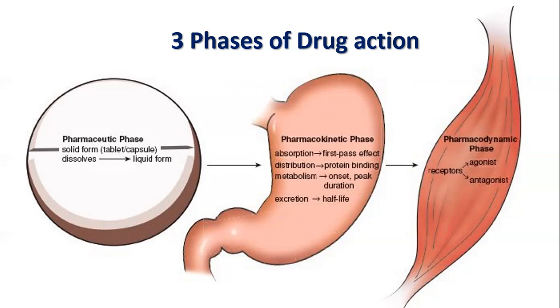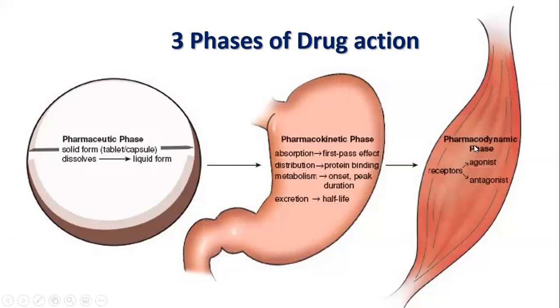They bind with the protein in circulation for transport to the target organ, in the liver, and metabolism starts. Onset, peak, and duration. Finally, our kidney helps to expel it out, excretion, right? And also when the drug concentration goes to half, it is called half-life.